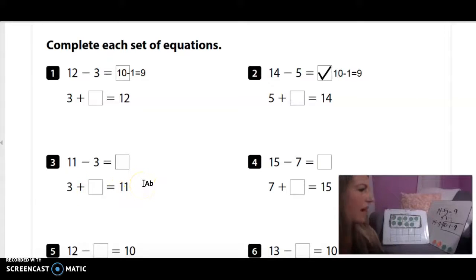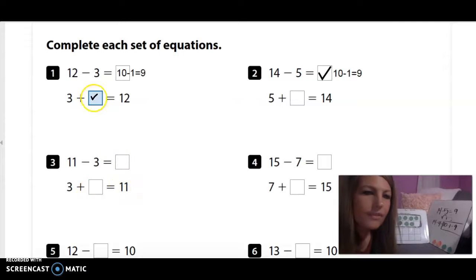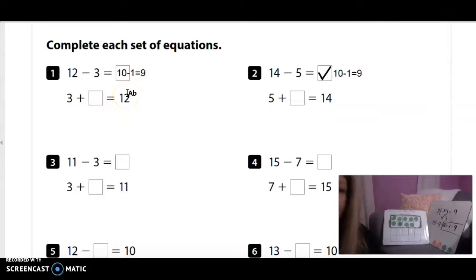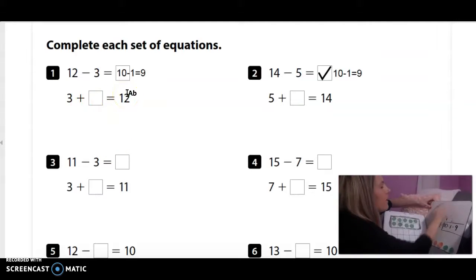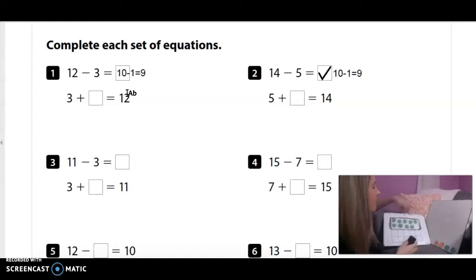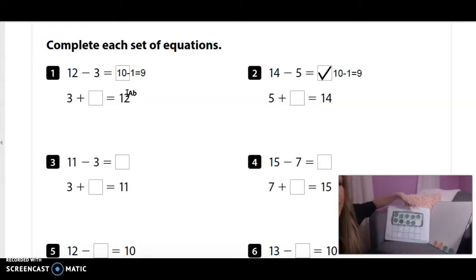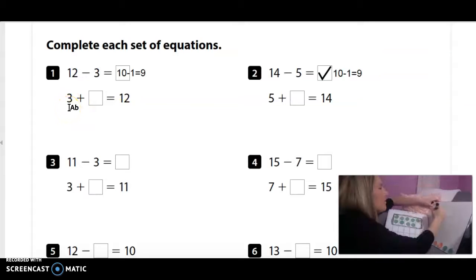Let's try another strategy. Let's go back to number 1. On number 1, you will see that we have the number sentence 3 plus blank equals 12.